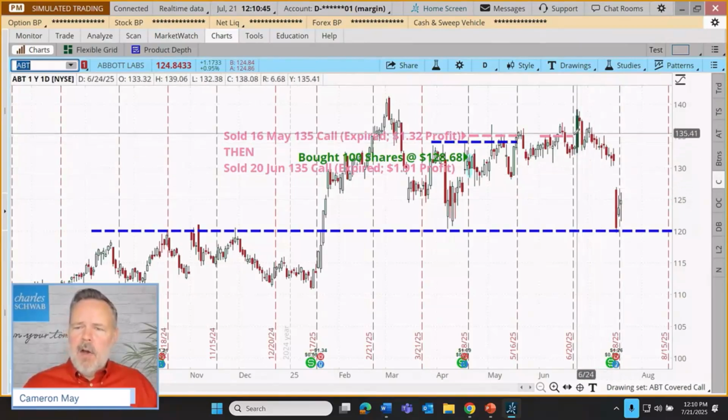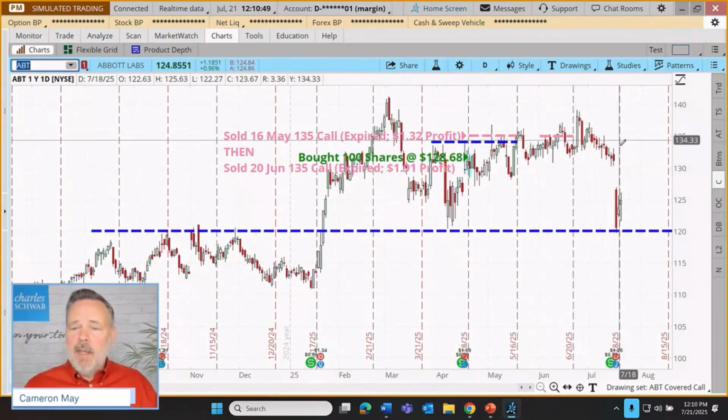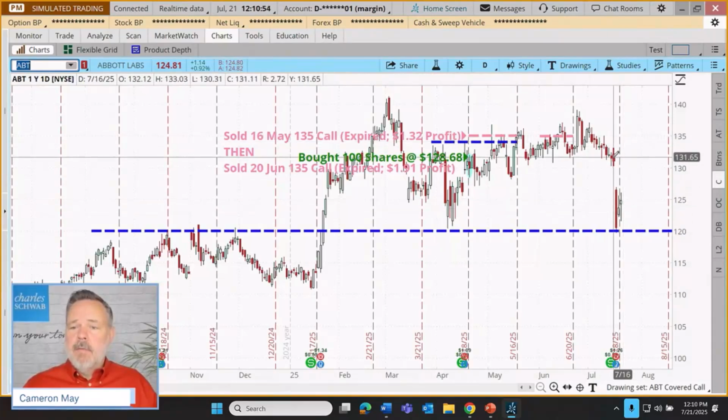Now, we didn't sell a call after this one expired. You'll notice there's no dashed line representing a new call option up until this earnings. Some traders prefer to not put a cap on the position by selling a call. We know that introduces a maximum potential theoretical gain on our stock position for a period of time, and some traders don't like to do that over an earnings announcement. That's what we chose to do here.